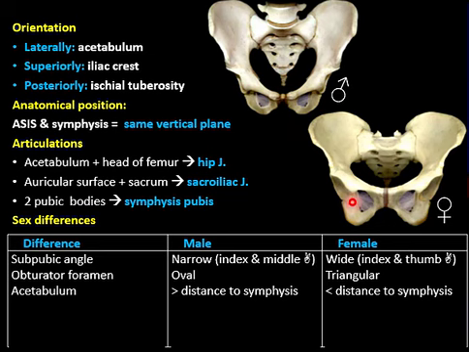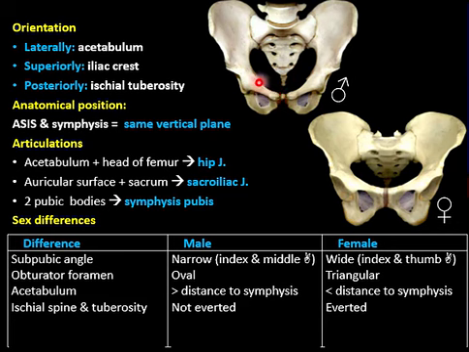However, in the female, the diameter of the acetabulum is shorter than the distance from its anterior border to the symphysis, because it is small and because the pelvis is wide. So this distance is more than this diameter.